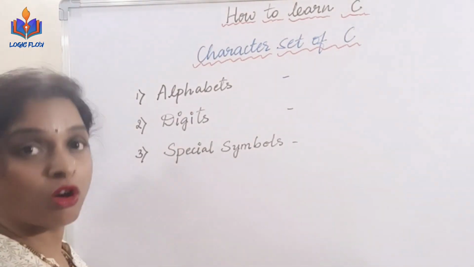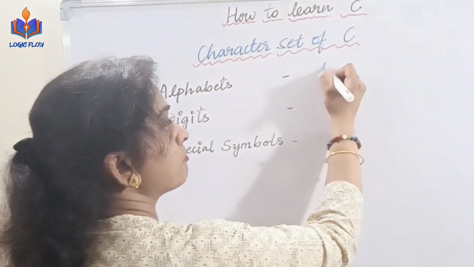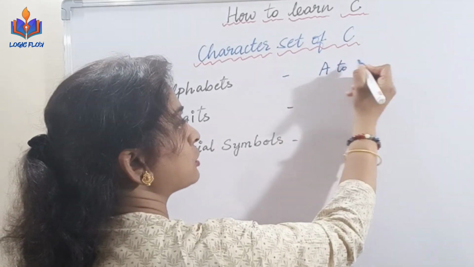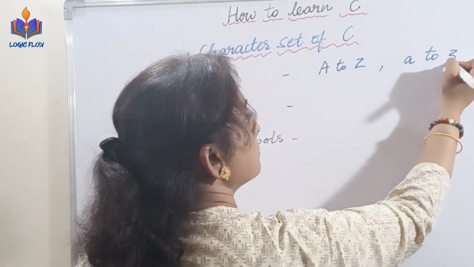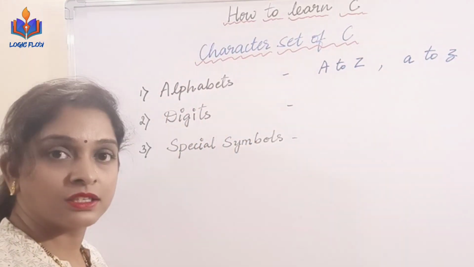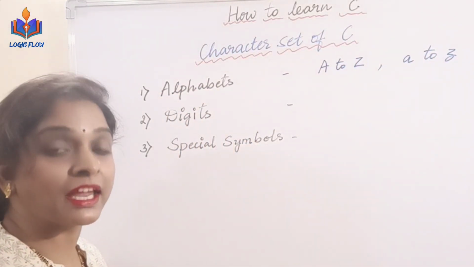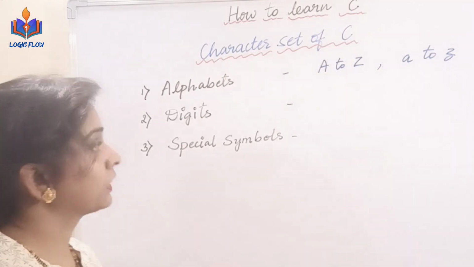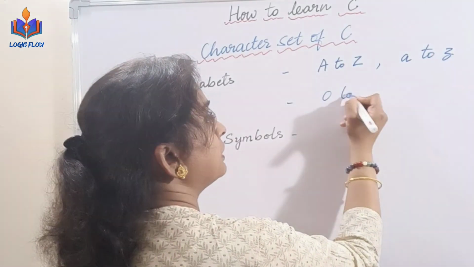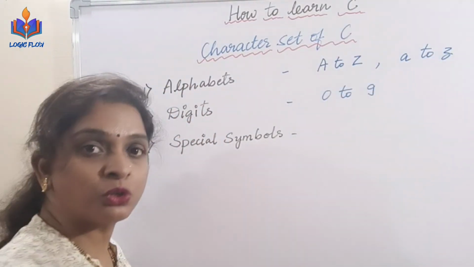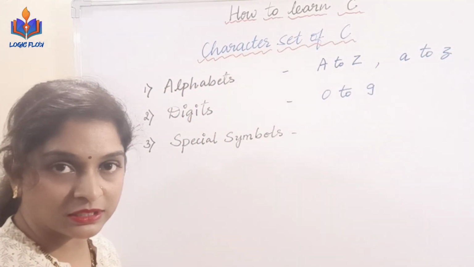When I talk about alphabets, I can make use of both uppercase from A to Z and lowercase from a to z, in my program. Talking about the digits, I can make use of digits from 0 to 9 and combinations of them.